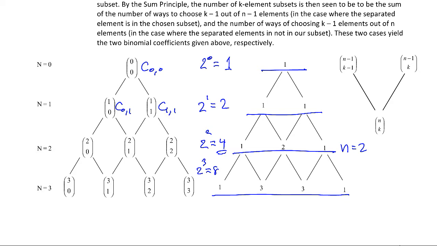The first element, C(2, 0), is the number of 0-element subsets of a 2-element set. The second one, C(2, 1), is the number of 1-element subsets of a 2-element set. And finally, C(2, 2) is the number of 2-element subsets of a 2-element set.